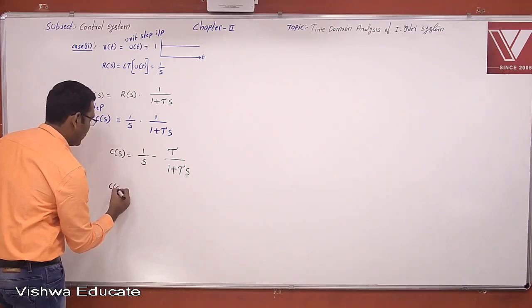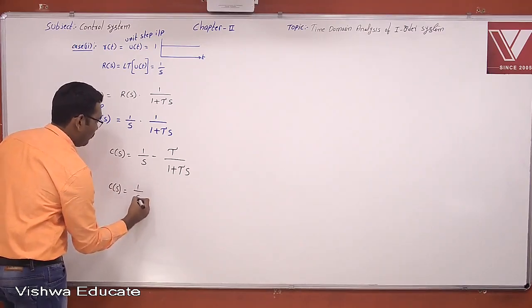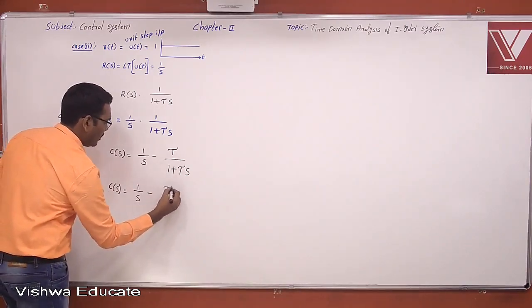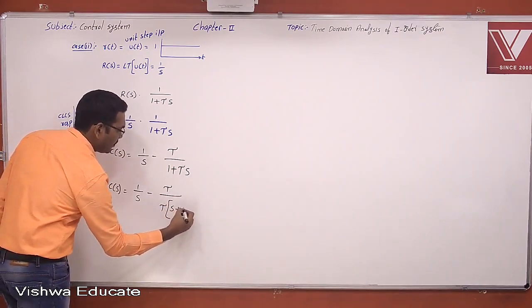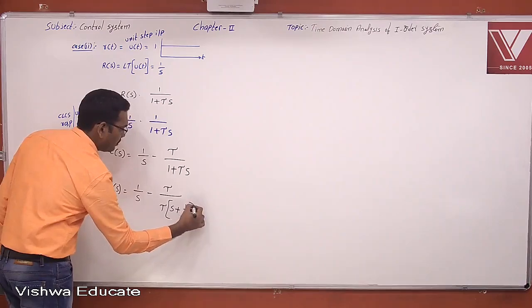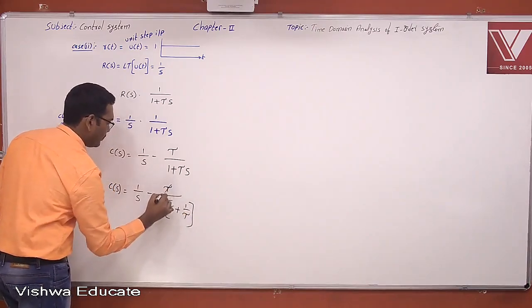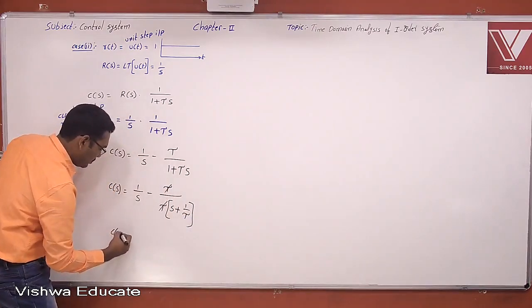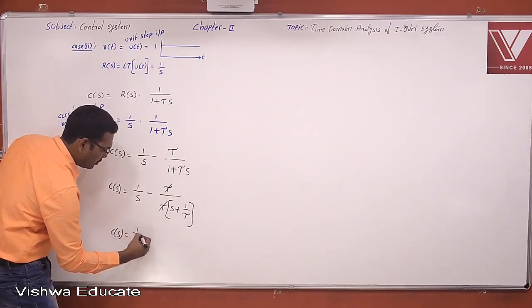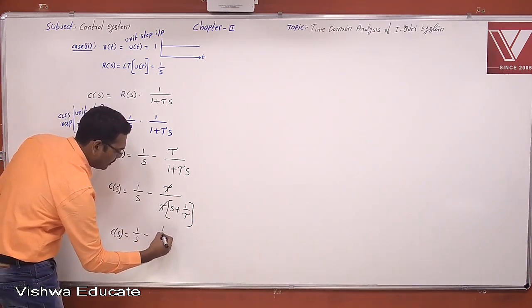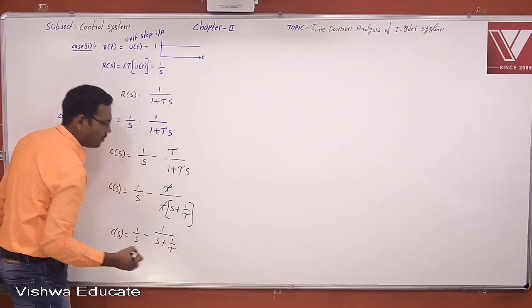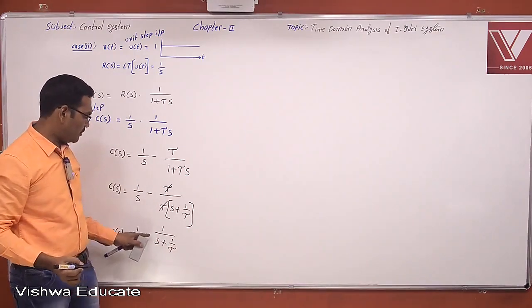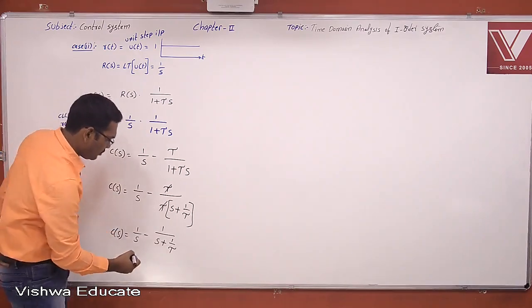Therefore, C of S is equal to 1 by S minus, if you take tau common, 1 by S plus 1 by tau. Tau cancels. Therefore, C of S is equal to 1 by S minus 1 by S plus 1 by tau.